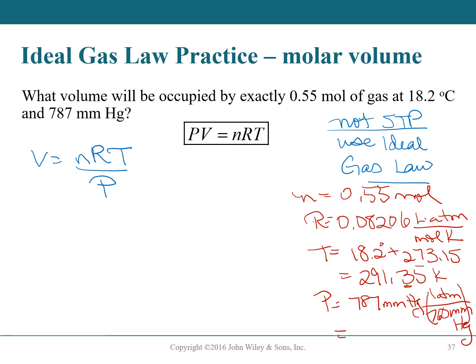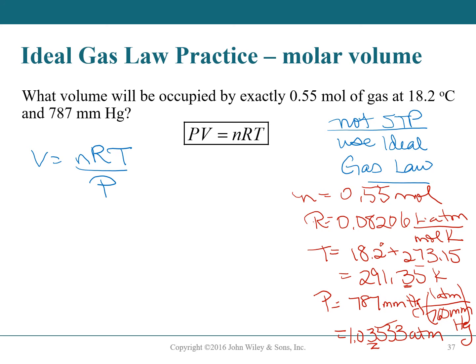So 787 divided by 760, and we get 1.03553 atmospheres. Again, this is 3 significant figures, but we're not quite done with our calculations, so I'm not going to round it until we finish our calculations.